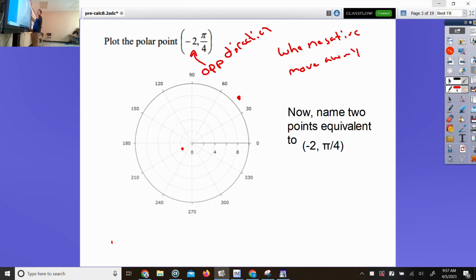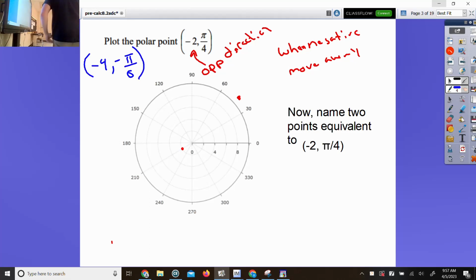What if the pi over 4 is negative? Well, then you would rotate to negative pi over 4, and then you would look at the radius. If it's positive, you go towards the angle. If it's negative, you go away from the angle. So maybe we do negative 4 and negative pi over 6.